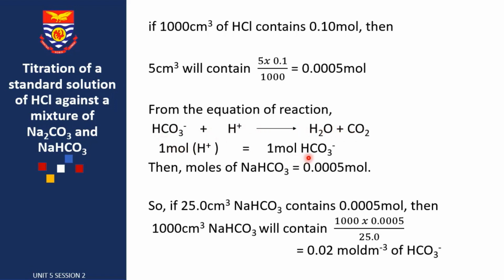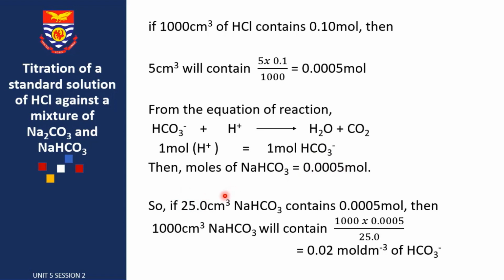The mole ratio is 1:1. If that's the case, then the moles of the bicarbonate ion is also 0.0005. Alright, if the moles of the bicarbonate is 0.0005, then that is the moles in the 25 cubic centimeters that was pipetted.